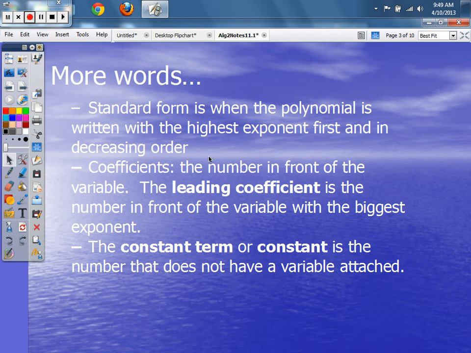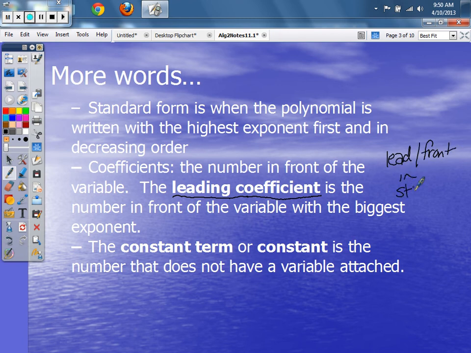Coefficients, you know what coefficients are from the quadratic formula. That was the a, b, and c that we plugged into the quadratic formula. It's the numbers in front of the variables. And the leading coefficient is the number in front of the variable that has the degree. So if you find that biggest exponent, the number in front of that will be your leading coefficient because it would be in front if you were in standard form.